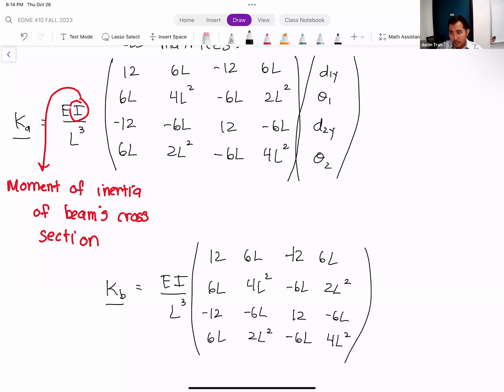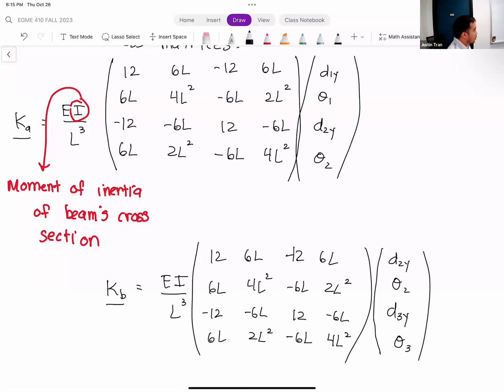So those are all the entries. And then element B here is going to be connected to nodes 2 and 3. So we have a D2Y, theta 2, D3Y, theta 3. So those are our element stiffness matrices.